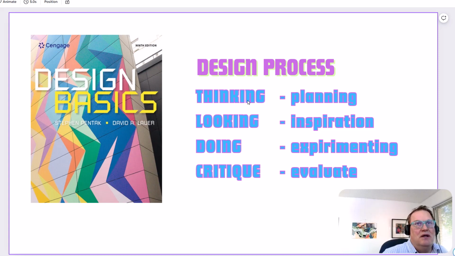The better that we get at this thinking and planning version, the easier the inspiration will come, and the more we will create during the experimenting process, and the better our final product will be. So this is a process that we need to think about during this class and throughout your life as you sit down, as you think and you plan how you're going to try to accomplish what you're trying to do.